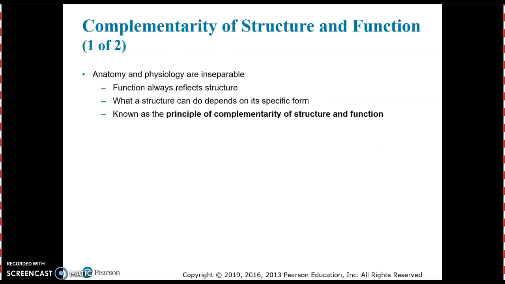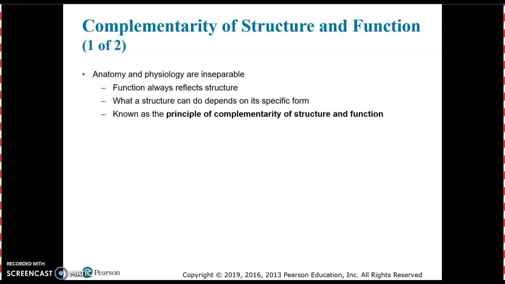So let's move on. Okay, so you also need to understand that anatomy and physiology are inseparable. You can't just study anatomy or just study physiology and really understand either one. Function always reflects structure. Or you could also say structure determines function.